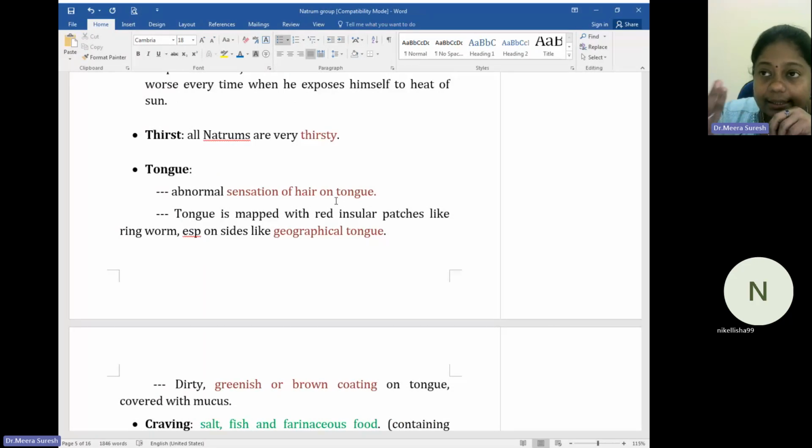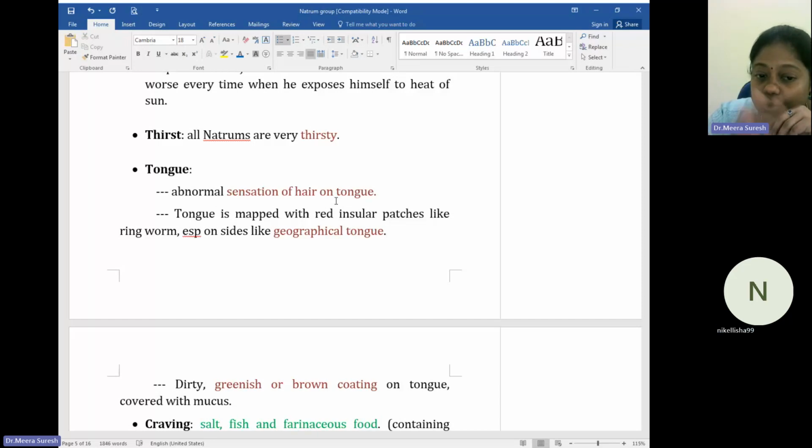So when we see that tongue, there will be some patches here and there, and they call that tongue a geographical tongue or a mapped tongue, like a map. This is actually a characteristic tongue of natrum mur, and also of all the medicines which have some liver complaints; they will have that characteristic mapped tongue.